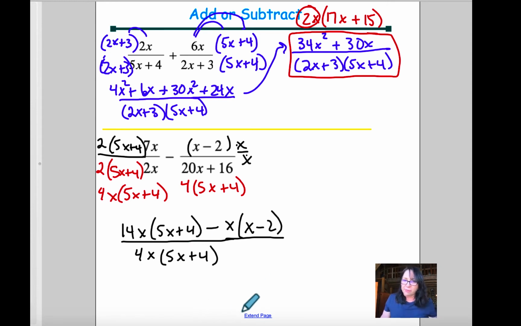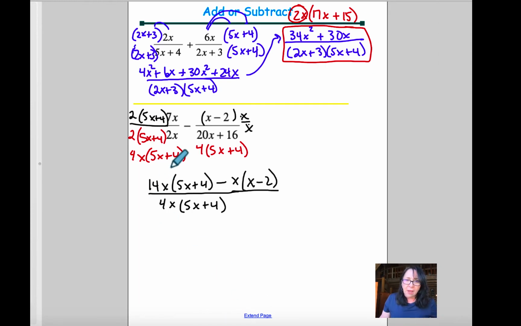So I do need to simplify the numerator. So 14 times 5 is 70, so that's going to be 70x squared plus 14 times, what is that, 56? 14 times 2 is 28 times 2 is 56. So looks like 56x minus x squared and then plus 2.